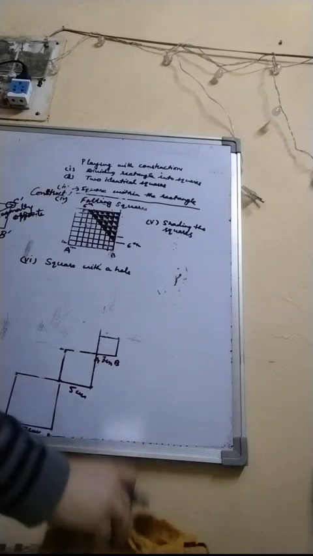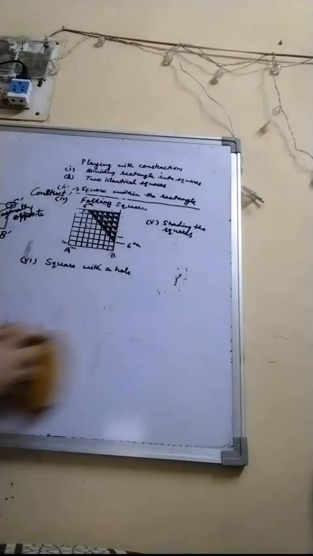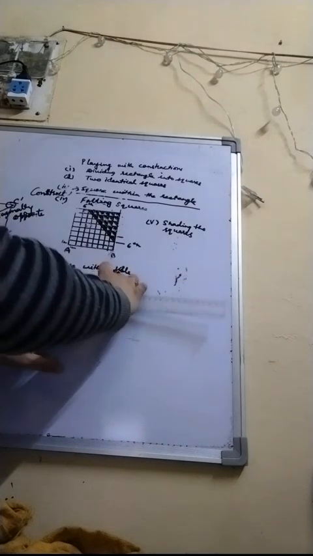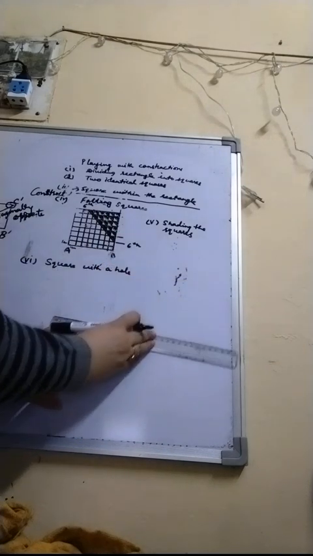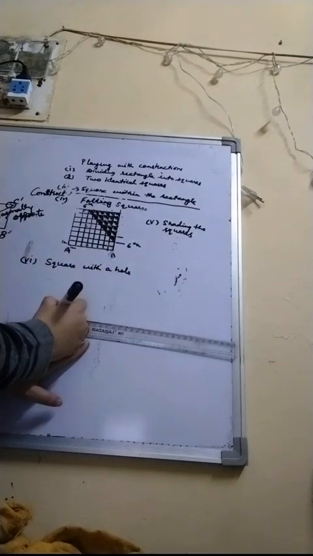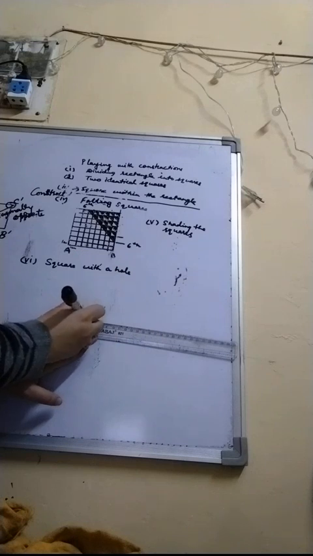So let's draw a square. What is the property? All sides are equal. So we would take, let's take 5 centimeter or greater, 7 centimeter.